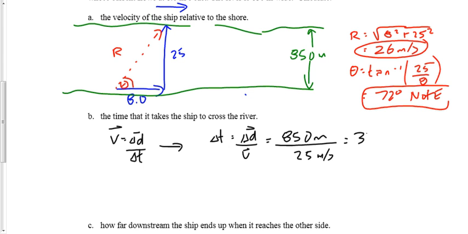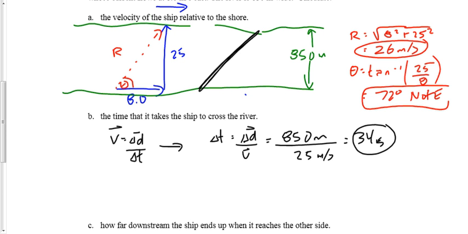Divide those two, we get 34 seconds. Now, you could do this a longer way and use the 26 meters per second. If you wanted to use the resultant vector here of 26 meters per second, you could do that if you have this displacement. Does that make sense? The displacement at the angle. And you could find that.